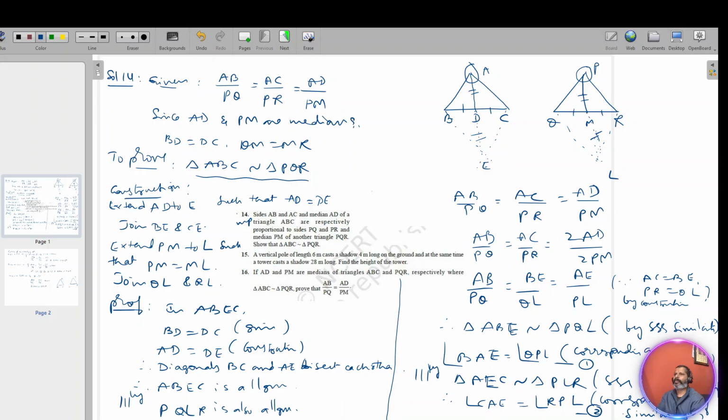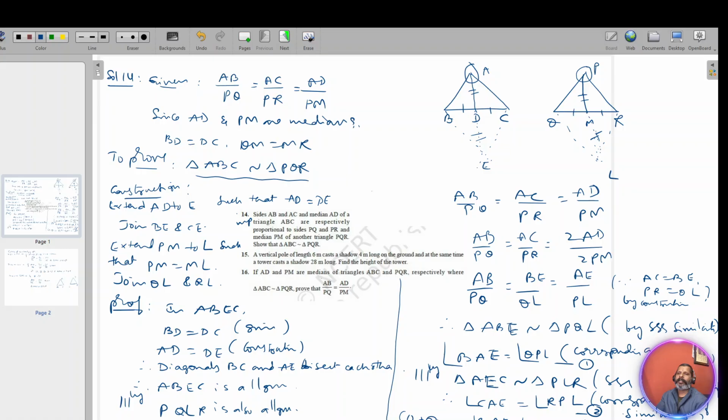So we add them, BAE and CAE. What does it become? BAC. So we say 1 plus 2: BAE plus CAE equals QPL plus RPL. When adding equations, you add left hand side to left hand side, right hand side to right hand side.